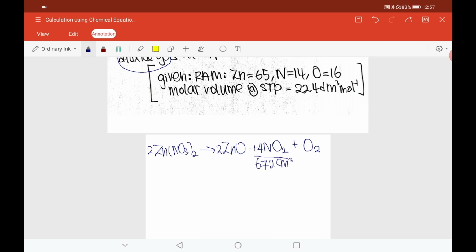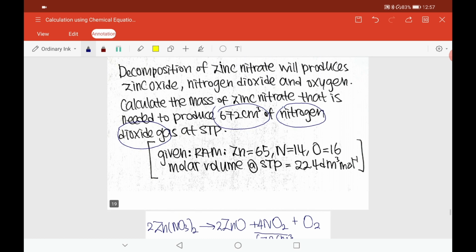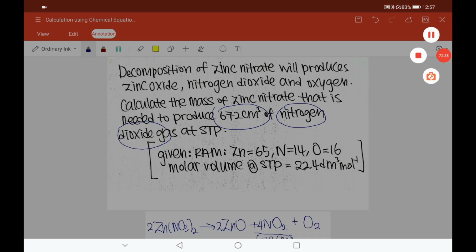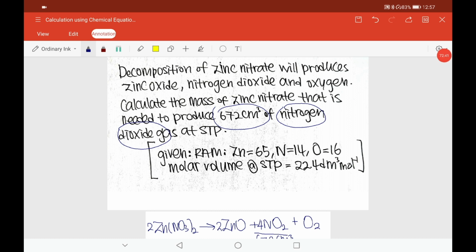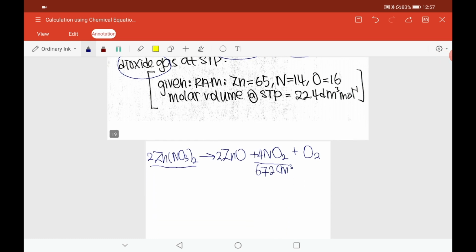This is what we have. What we want is to find the mass of zinc nitrate. So we are looking for the mass.